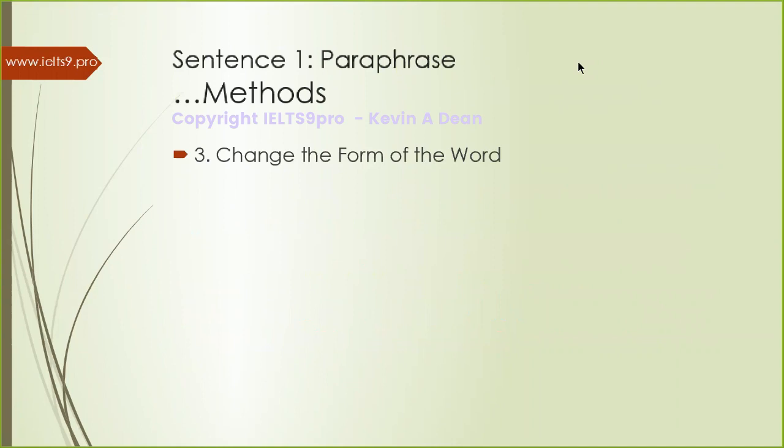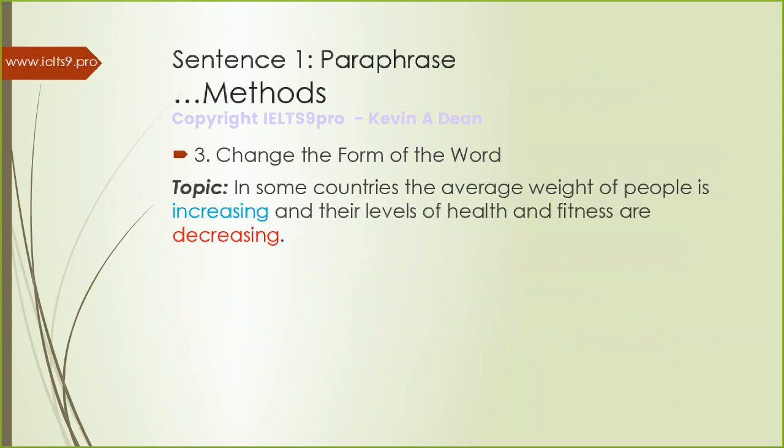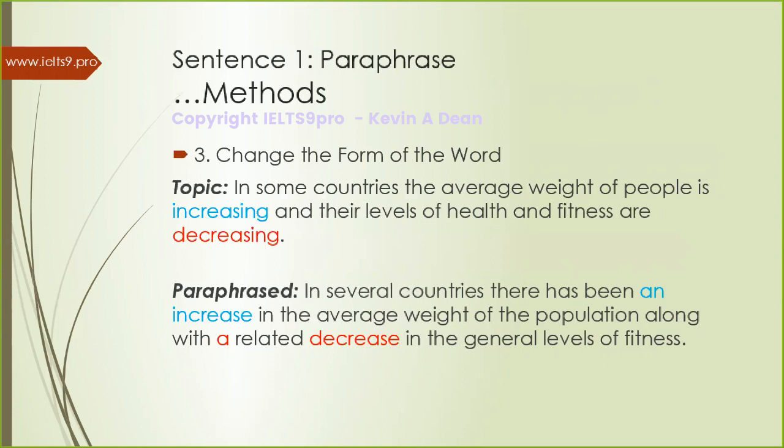This is, I think, one of the most risk-free methods, changing the word form. So instead of thinking of synonyms that may not work, change the form. So change it from a verb to a noun. Increasing becomes an increase.